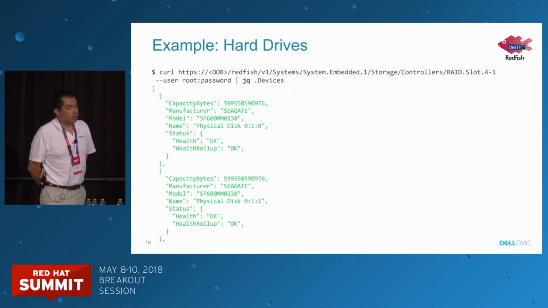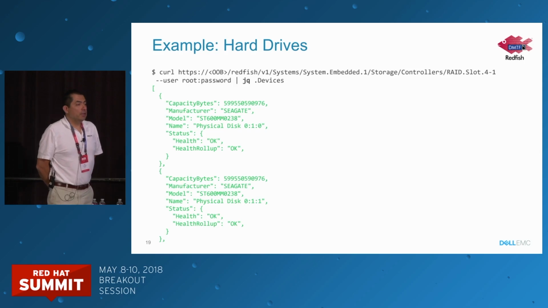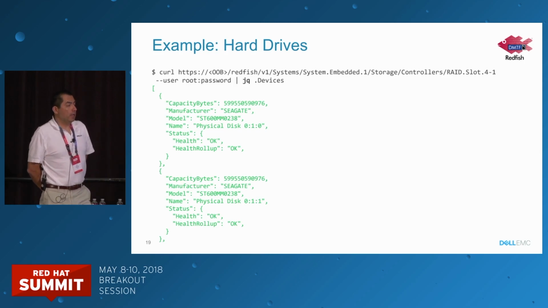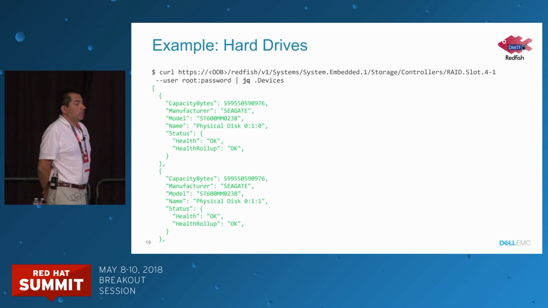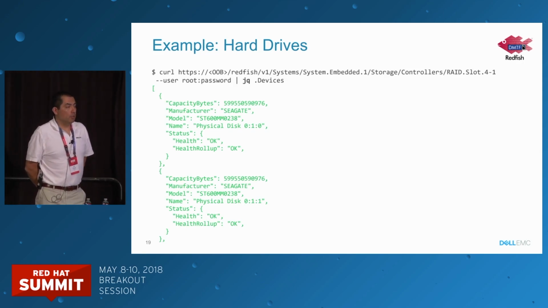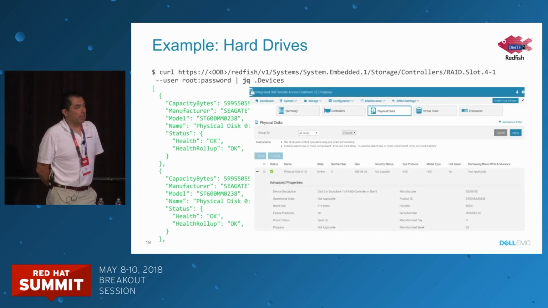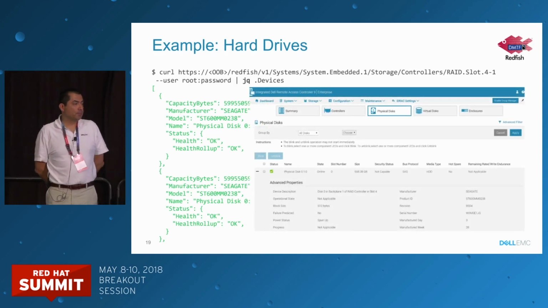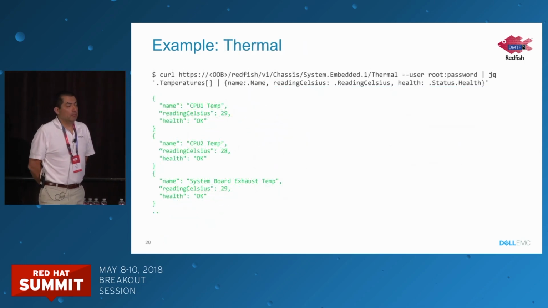Another example, I'll show you on the hard drives. You send a different URI, you provide your credentials, and you get all the information on all the hard drives on the particular system. The capacity, the model, the name itself, and most importantly, the health. The exact same information that you get through the web console. Thermal information, different URI.